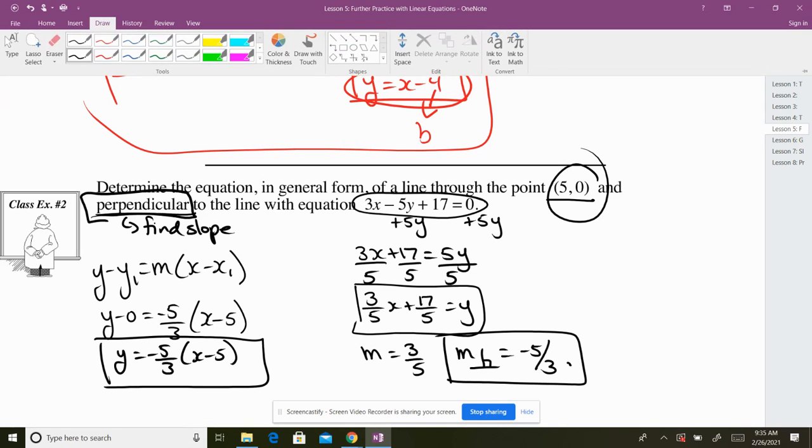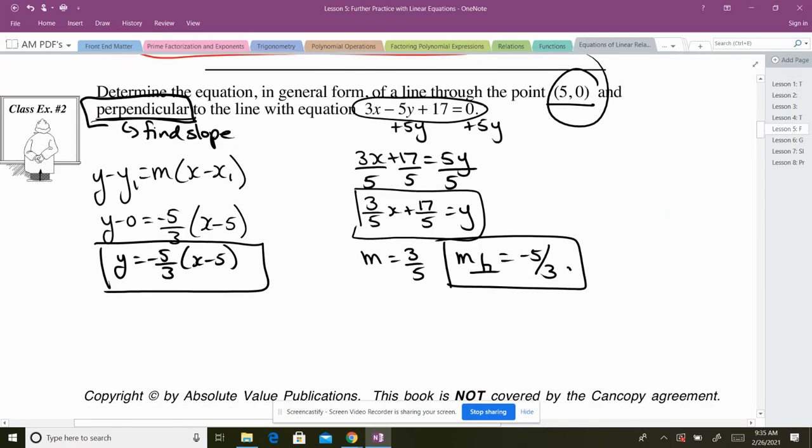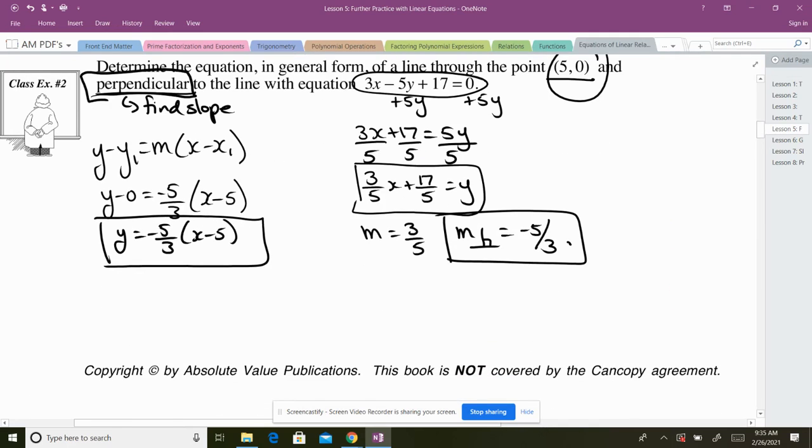If I wanted you to write it in mx plus b, what would you do? If I said write it like this, what do I need to do? Yeah, so you have to multiply this into here, right? So I would get negative 5 over 3x.